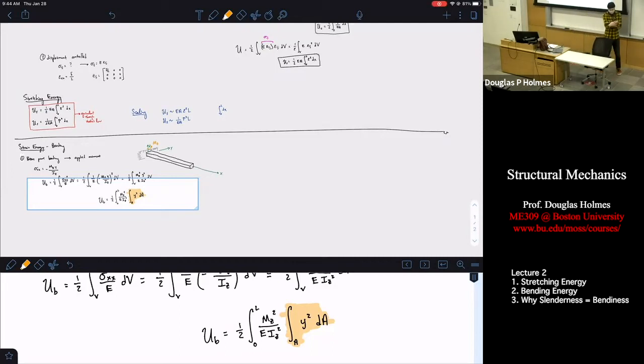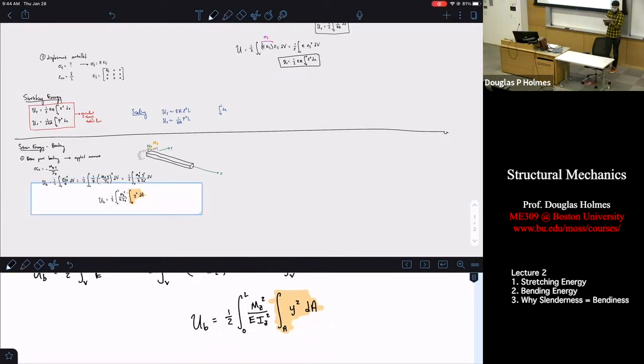Nothing? No one? This integral of y squared over the area is the definition of IZ. This is your second moment of area.